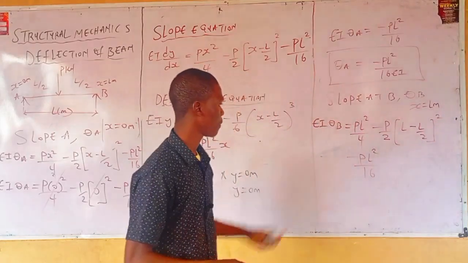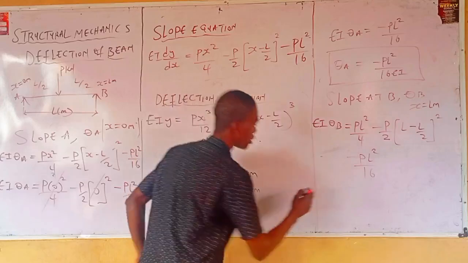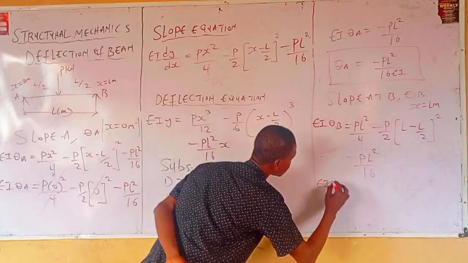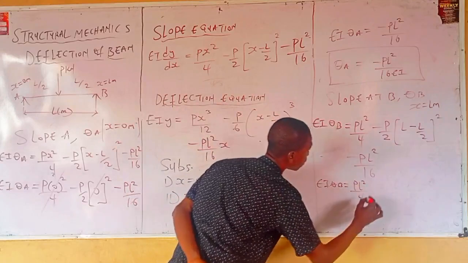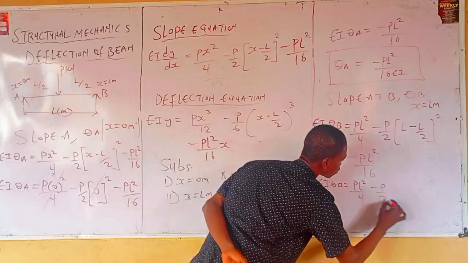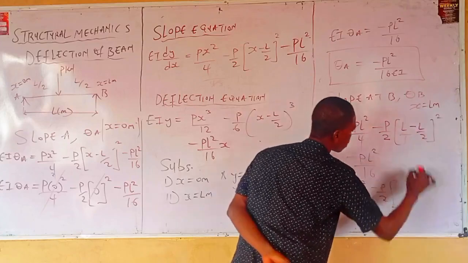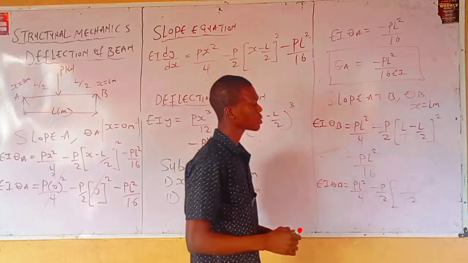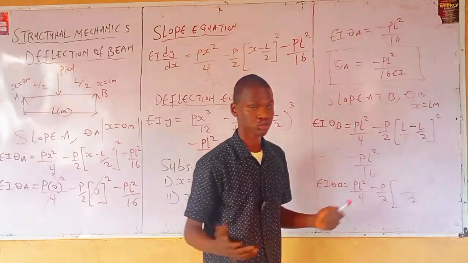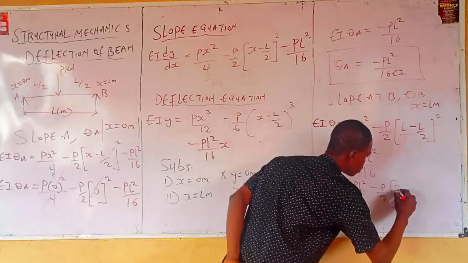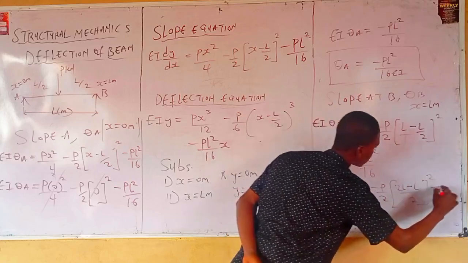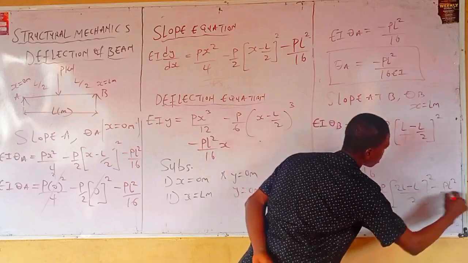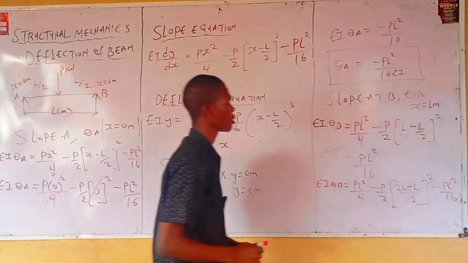Now let's simplify further. Meaning EI theta B is equal to PL squared over 4 negative P over 2 all into bracket. Of course, I'm going to take the LCM, right? 2 divided by 1 is 2. 2 times this, what do I have? 2L negative L all squared, negative PL squared over 16.